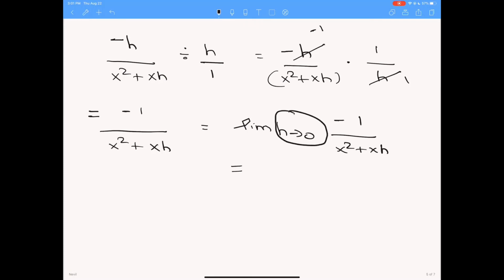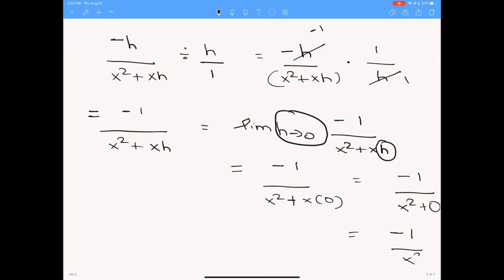So that means I'm going to have negative 1 divided by x squared plus x times 0, because now my h is 0. So that gives me negative 1 divided by x squared plus 0. So my final answer is negative 1 divided by x squared.